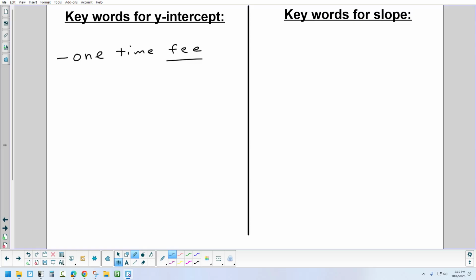The fee to join it. Another thing you might see is one-time cost. That's kind of the same thing as saying a one-time fee.